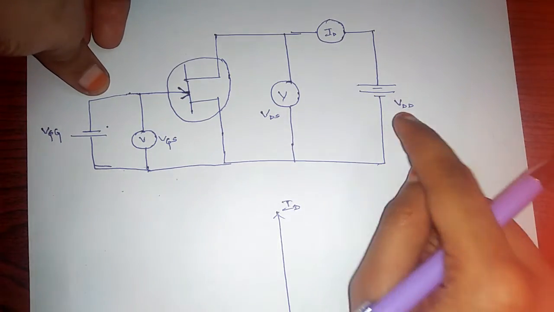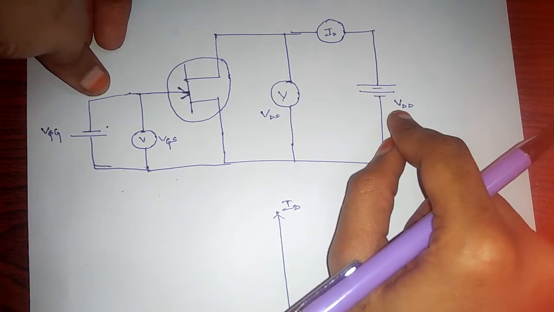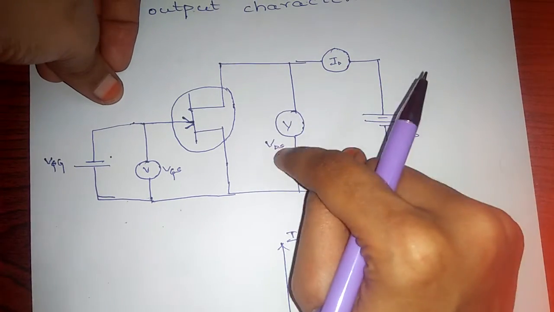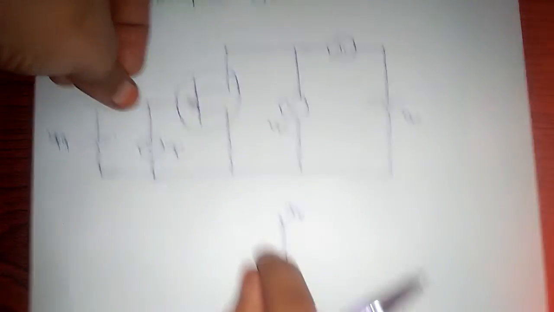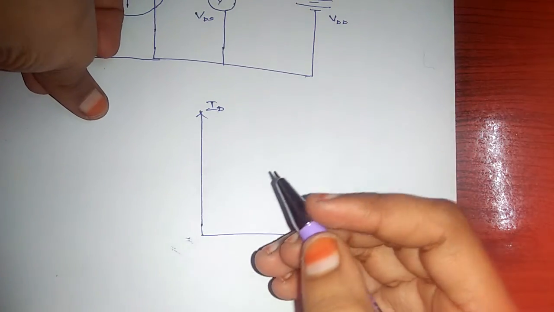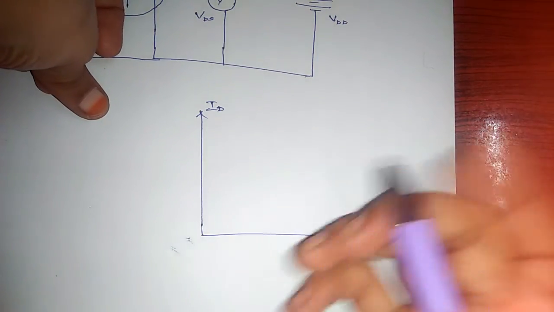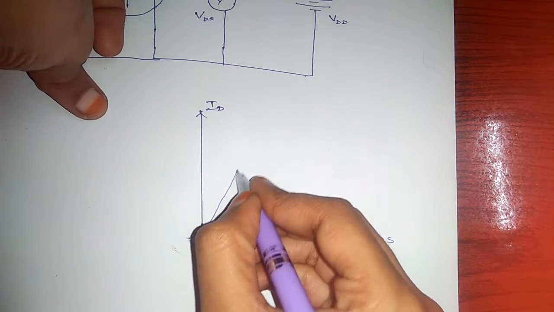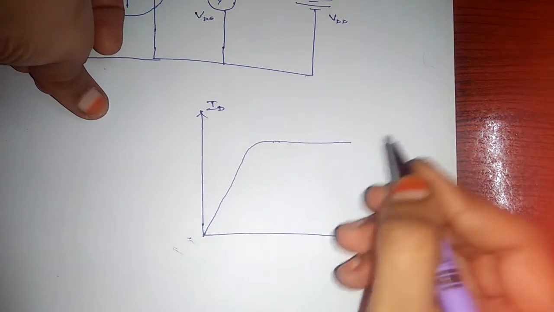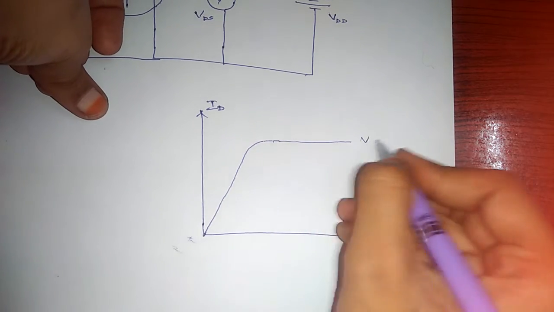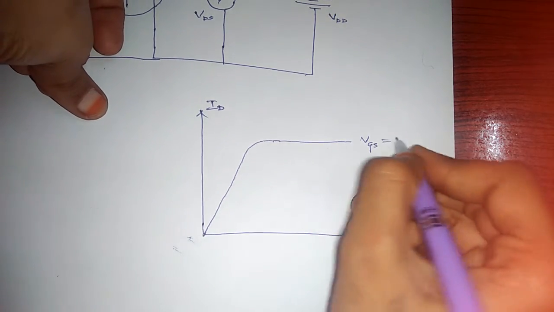On changing VDD in steps, the values of ID and VDS are noted, where VGS is kept constant. For example, let VGS be 0 volts. Then the drain current will be like this, and the characteristic will look like this for VGS equal to 0.